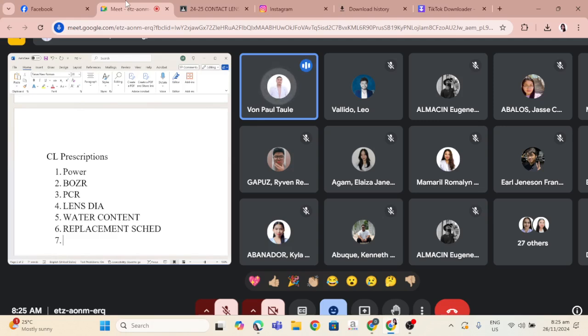We have extended wear, the contact lenses that can be worn even when the patient is sleeping. We also have monthly disposables, which can be worn up to 30 days, after that, dispose agad. We also have 2-week disposables. This brand has higher water content than daily disposables, but even higher water content compared to monthly disposables.